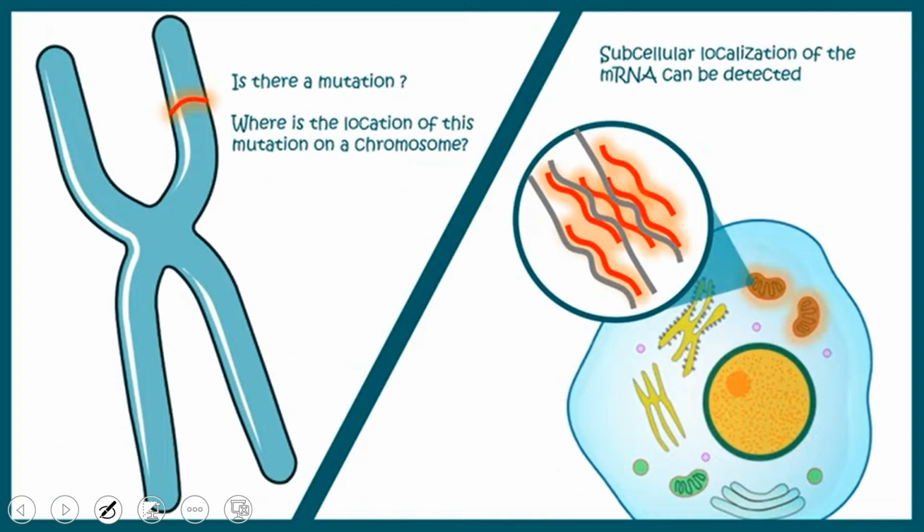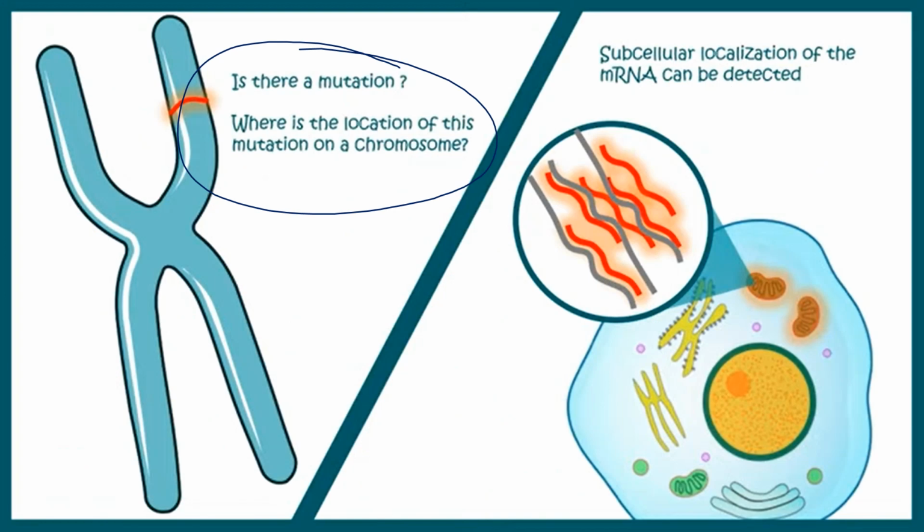One important thing is that it helps with mutations: what is the exact place where the mutation is? That can be detected by FISH technology, and it will help us find the subcellular localization of RNA, the exact place of RNA in the cells. When we do gene sequencing or DNA sequencing, it can tell you whether a particular DNA or RNA is present or not, but the exact location cannot be detected by PCR or any kind of sequencing technology.